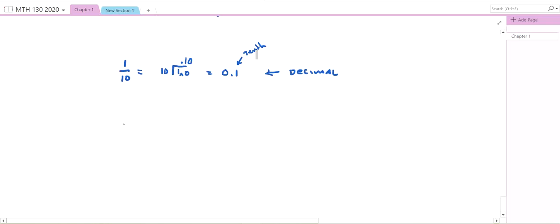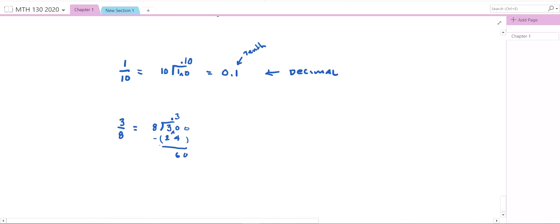Let's try a different one. Try 3/8. So we have 3 divided by 8. Looks like 24, 3, and the decimal point is right here. Now when I subtract this, I get 6.